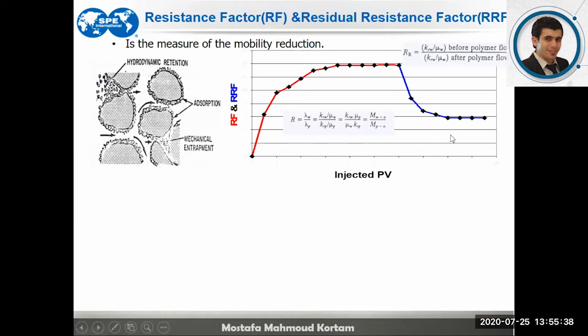And the additional increase in the differential pressure, or the reduction in the mobility of water that occurred after passing the polymer, is resulted by what we call adsorption of the polymer on the grain surface and the mechanical entrapment of the polymer within the small pore throat.